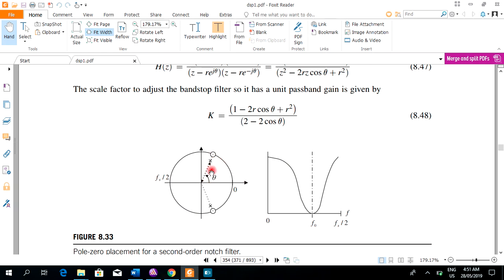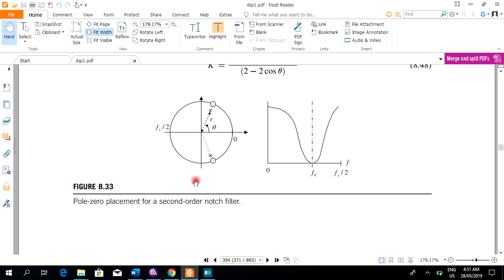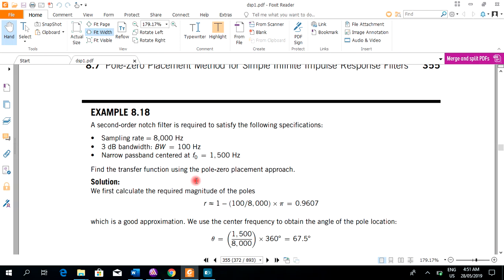Zeros and poles are in the same direction, on the same line. Here is an example. Sampling rate is 8 kilohertz, bandwidth 100 hertz, center frequency at 1500 hertz.